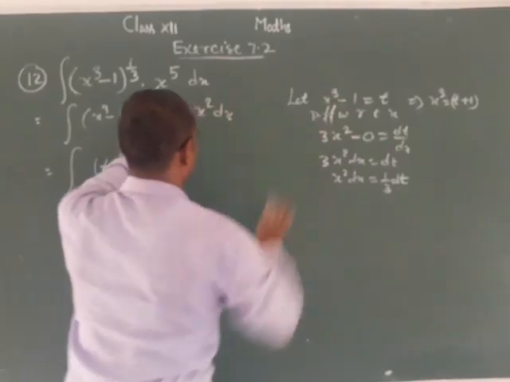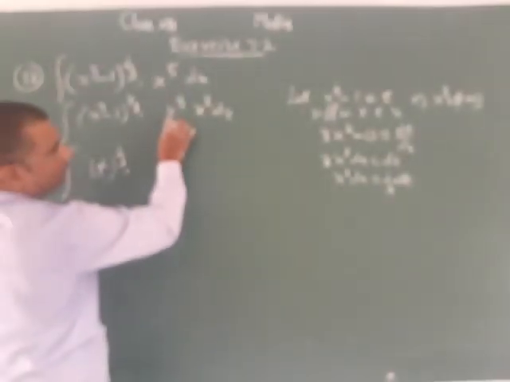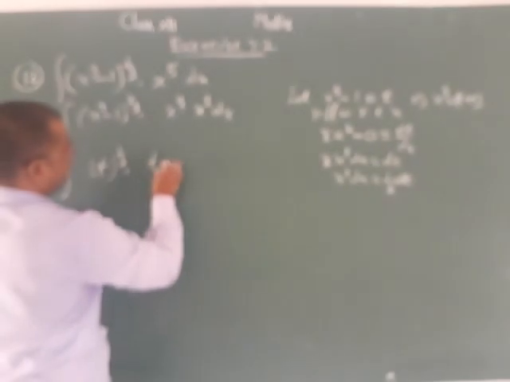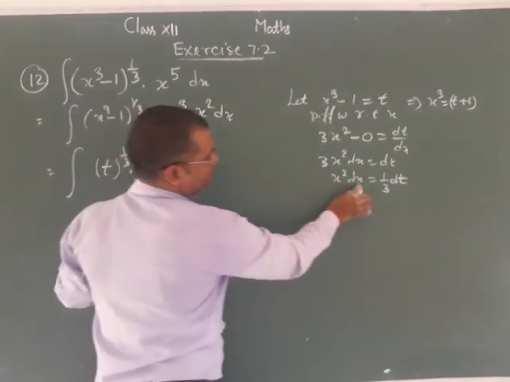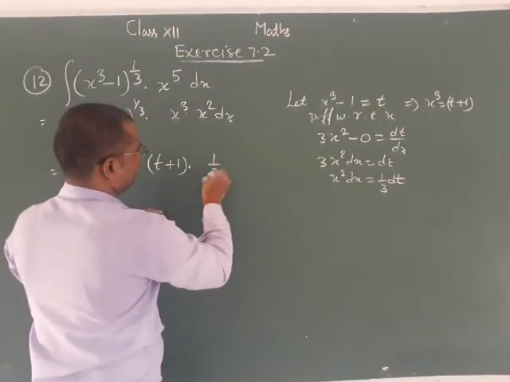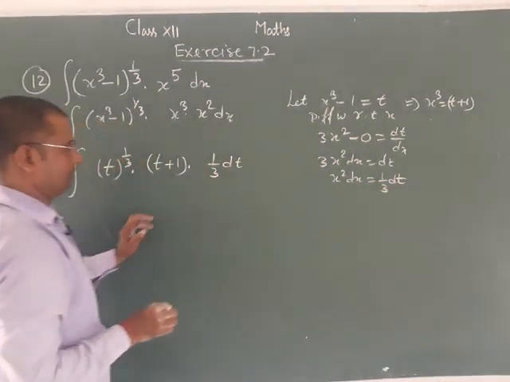So in place of x^3 put t plus 1, and x^2 dx is equal to 1/3 dt.